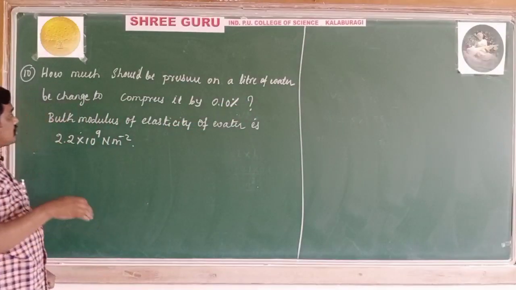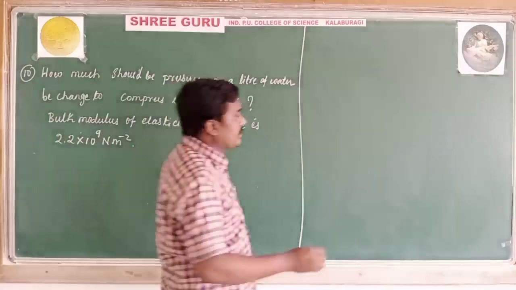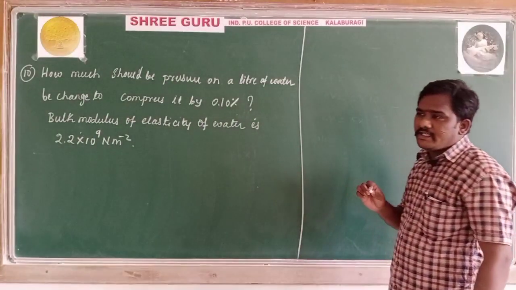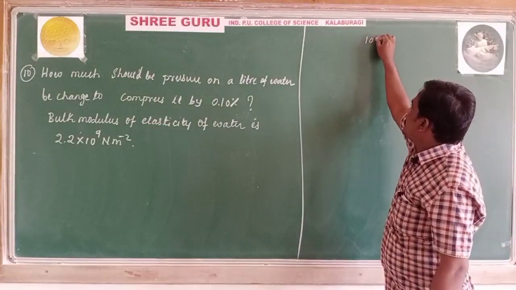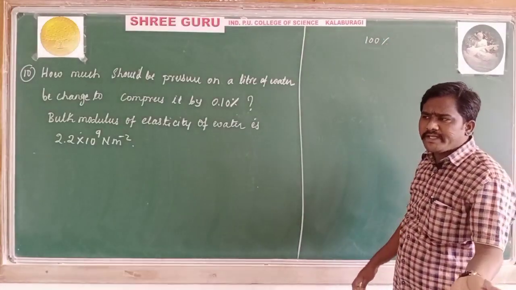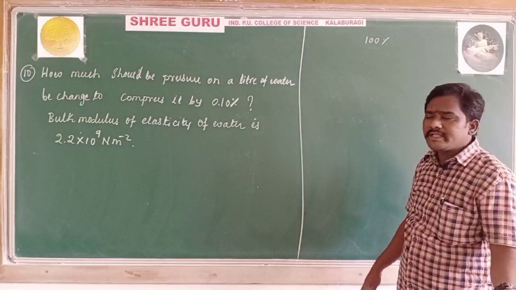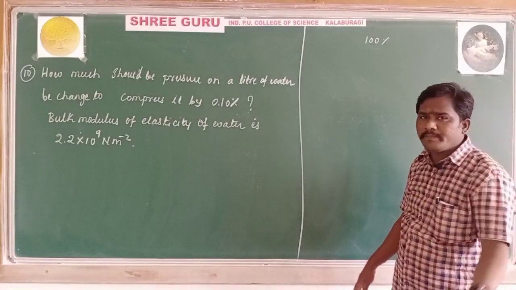0.1%. Change to compress means definitely that is change in volume. If the change in volume is 10%, what is the original volume? Listen here. We can say that originally it is 100%. That may change to 0.1%, 10%, or 70%, 80%.